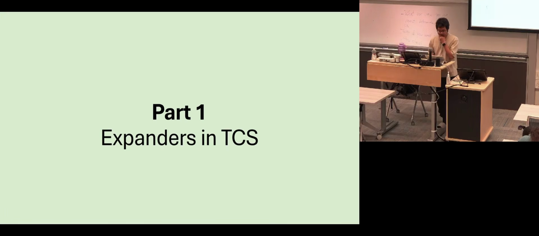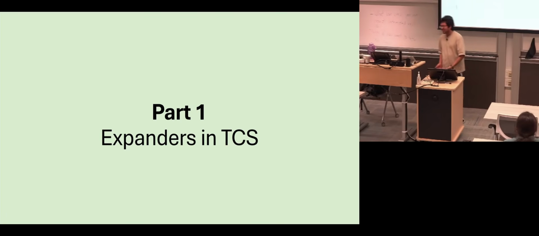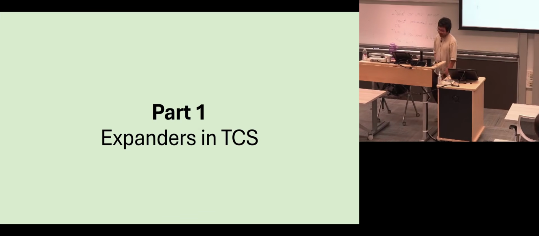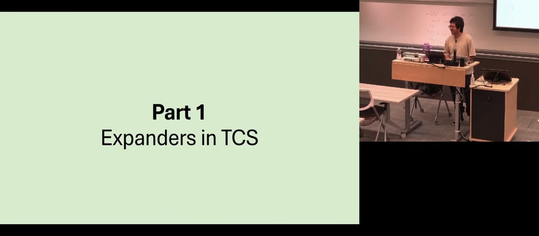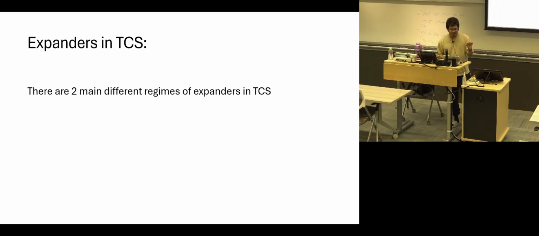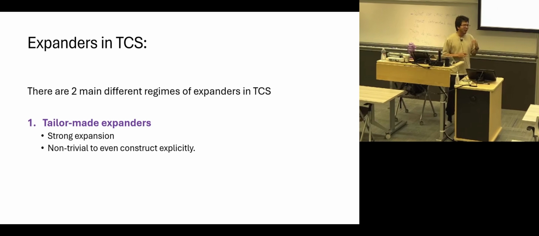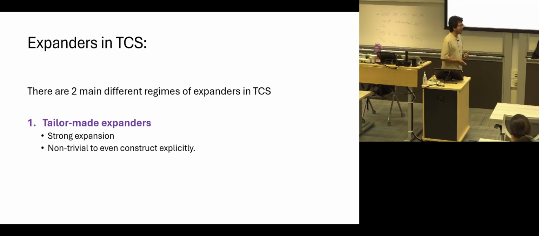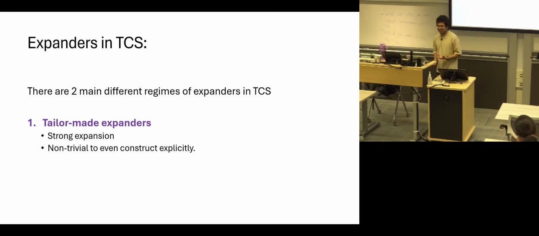Okay. So from the quick glance of the whole course, you have seen the word expanders. We will deal with expanders quite a lot in this course. But expanders in TCS, or theoretical computer science, actually have two different regimes. One I call tailor-made expanders.